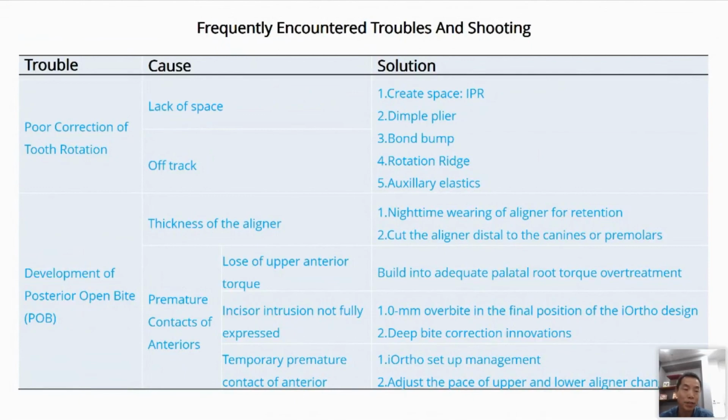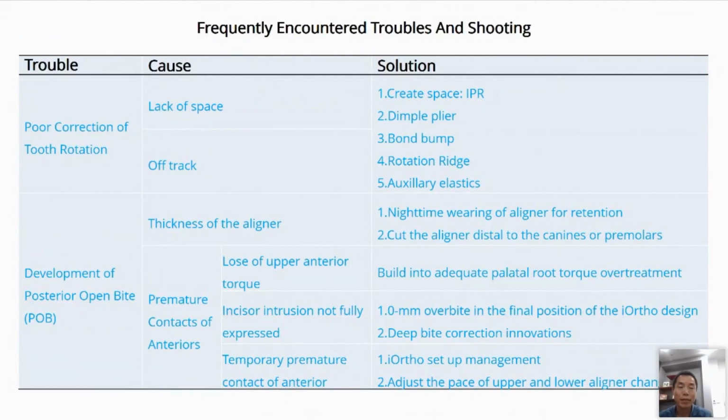The last trouble is the development of posterior open bite. It's because of the thickness of the aligner or premature contact of the anterior teeth. There are some causes for the premature contact of anterior teeth, for example, loss of upper anterior teeth torque, incisor intrusion not fully expressed, or temporary premature contact of anterior teeth.